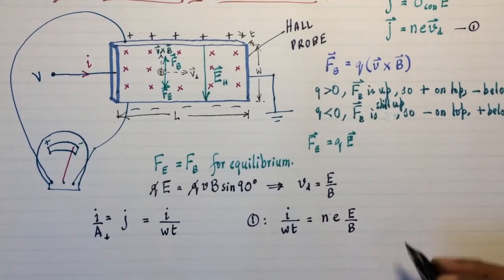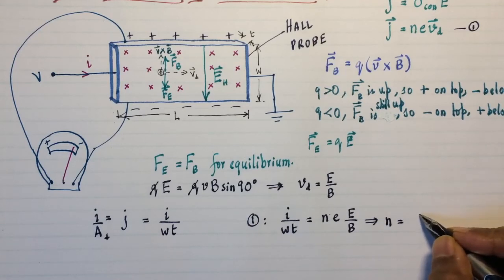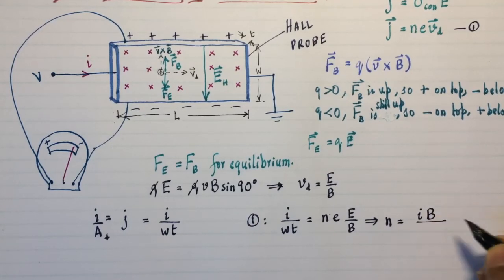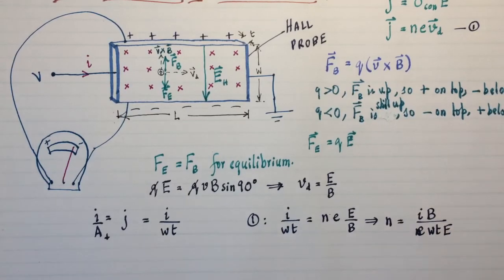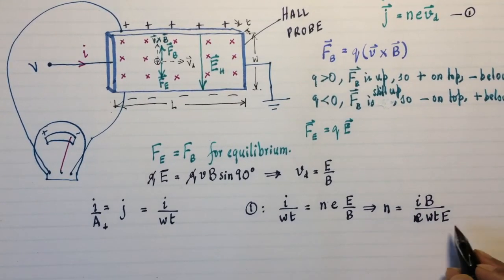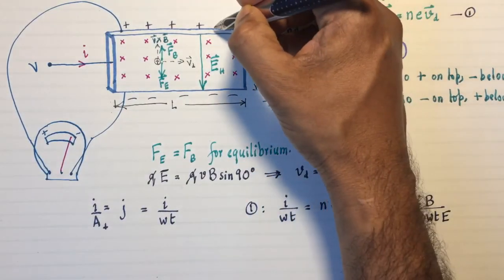Well, what does that tell us? It tells us the number density, n, is equal to I times B over e times W times E. The only thing we have to worry about is this E. What is E? Well, that is measured using another voltmeter attached between this part.